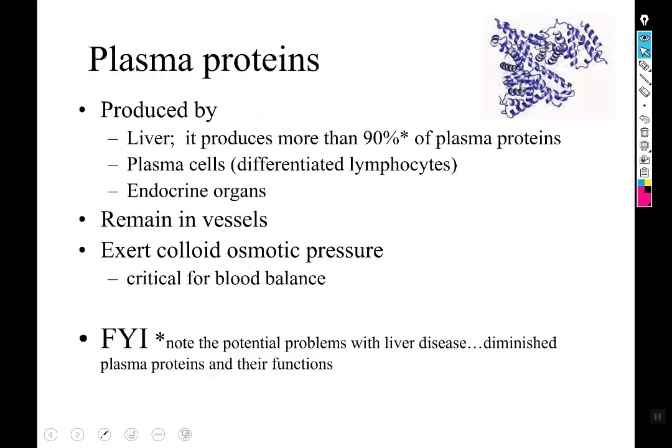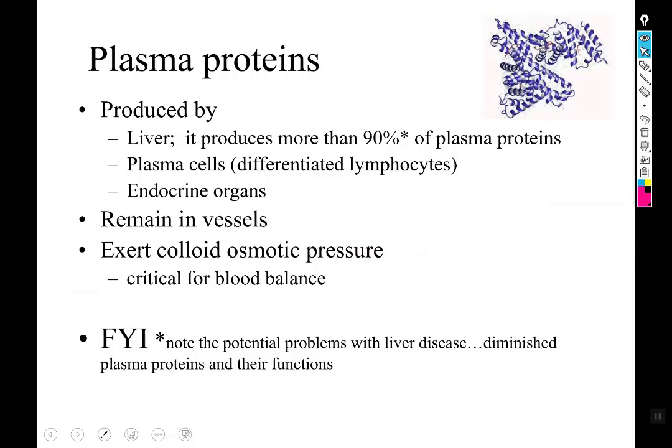So plasma proteins are produced by the liver, by plasma cells, and by endocrine organs. But the liver is the primary mover and shaker of this particular corner of physiology. So what that means is liver disease, such as cirrhosis due to chronic alcoholism or cancer of the liver, can change the liver's ability to produce plasma proteins and cause dysregulation of them.